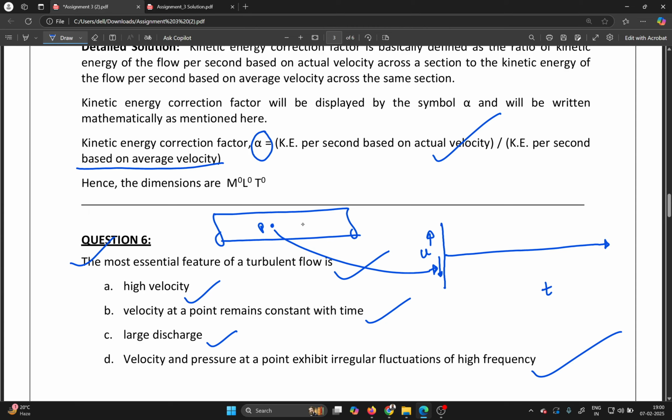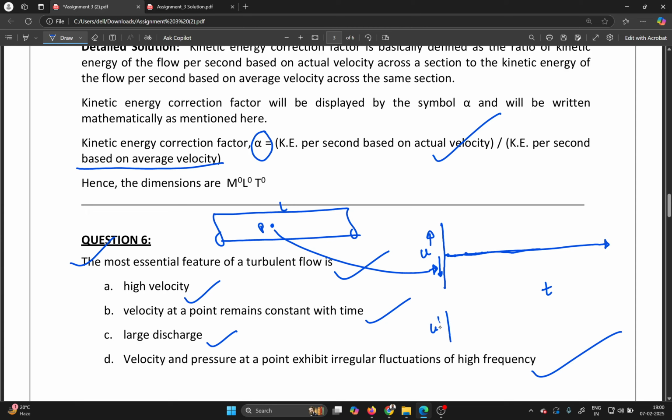With time, if the flow is steady, the velocity will be the same throughout. When you connect all the velocity measurements, you will get a straight line in the case of laminar flow. But in the case of turbulent, what will you get?